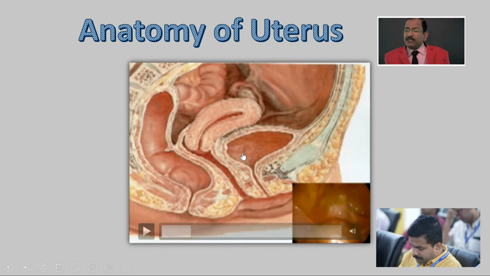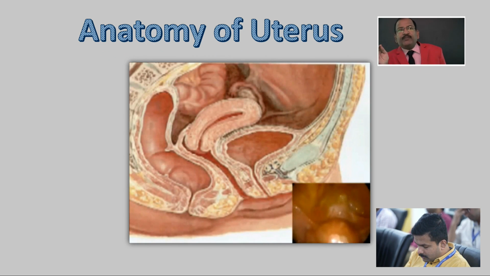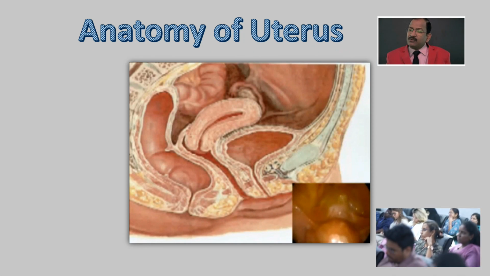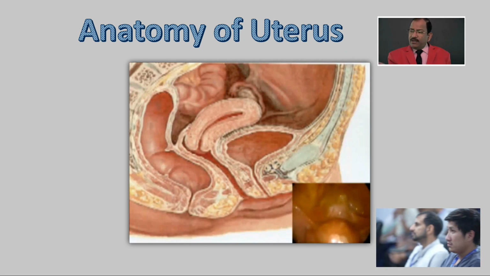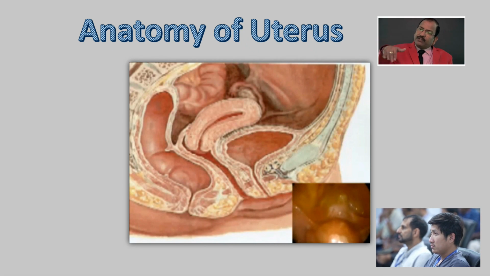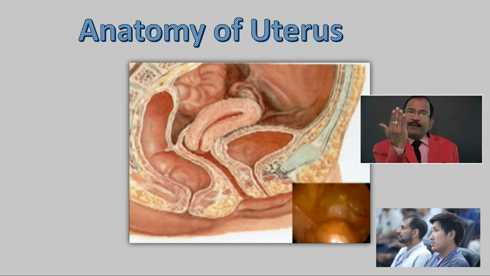If you are using 30-degree, then before putting the hysteroscope, you must do the bimanual examination to check whether the uterus is anteverted or retroverted. Because if the uterus is anteverted, light cables should be kept down, and if the uterus is retroverted, light cables should be kept up.